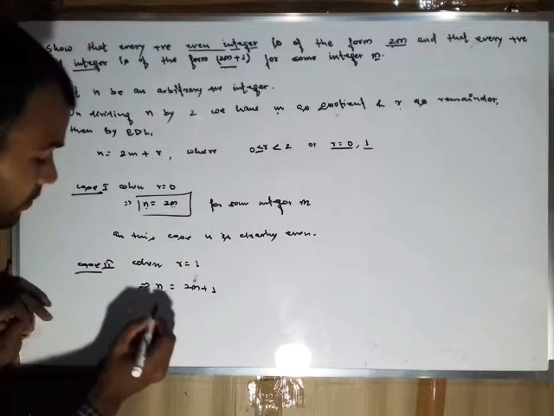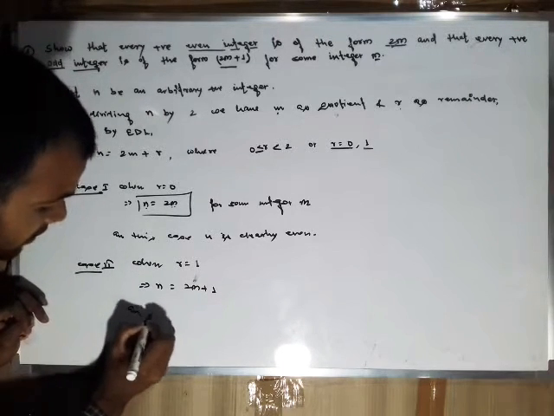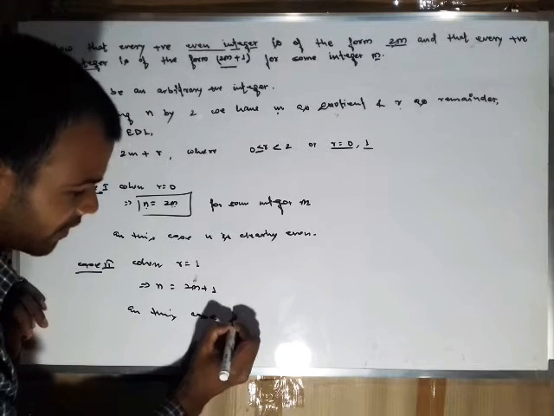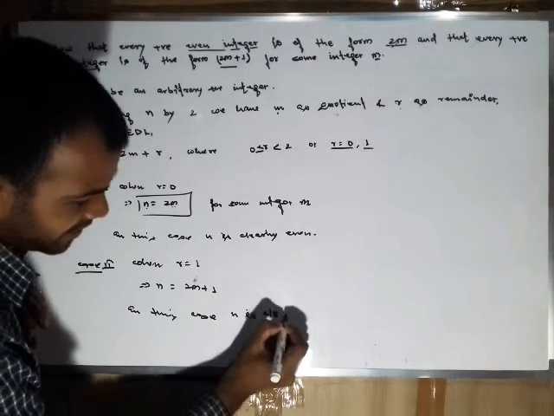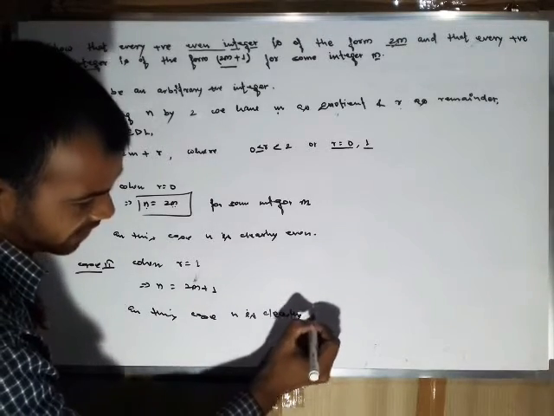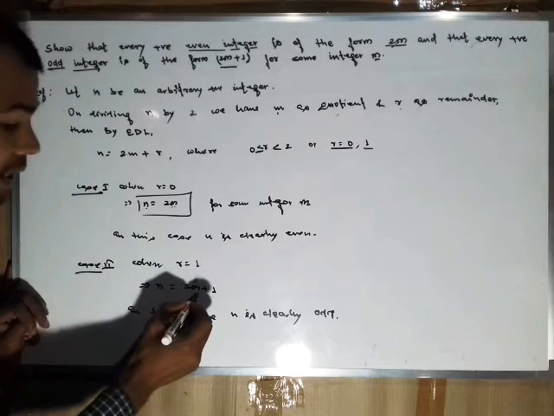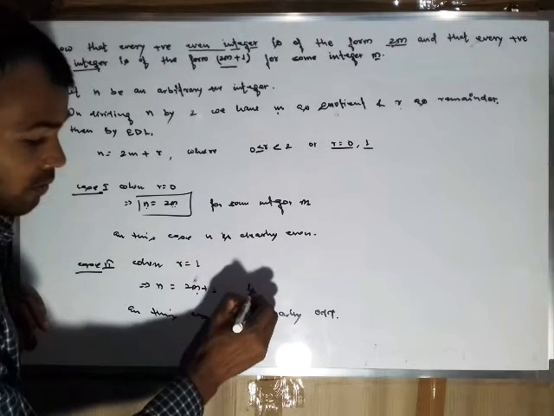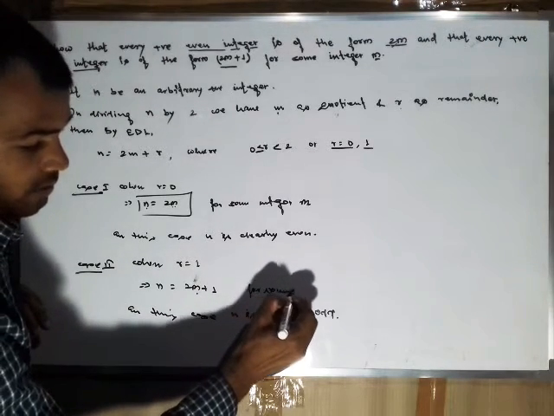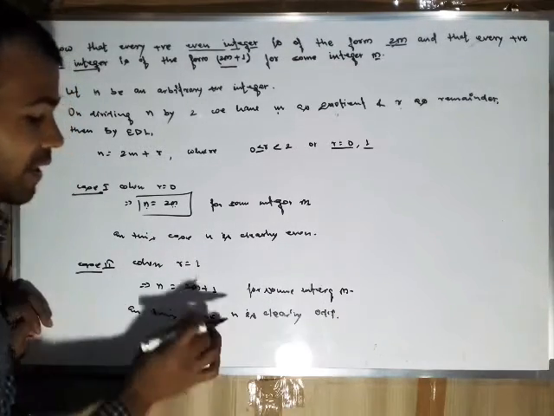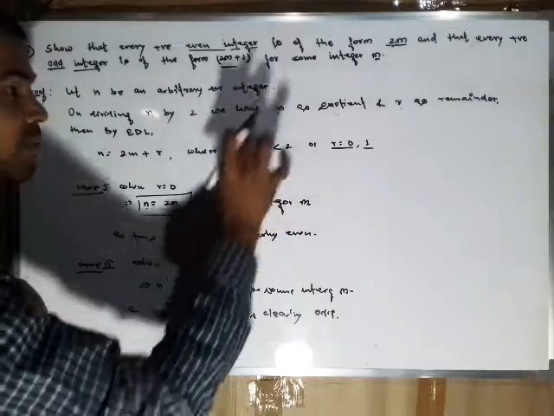No. In this case n is clearly odd. Why odd? Because m is some integer, meaning a positive integer.